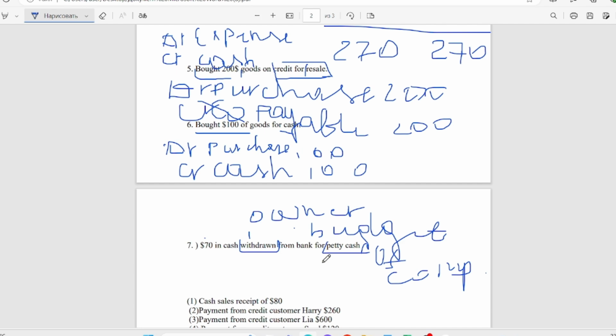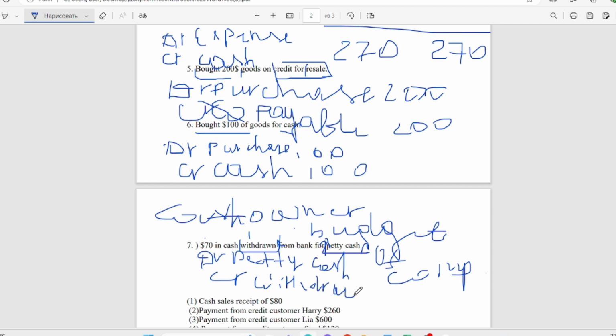So petty cash is being increased and this withdrawn, which means owner's cash right now, is being decreased. That's why on debit side it is petty cash and on the credit side it is withdrawn or cash, or we can even say bank.